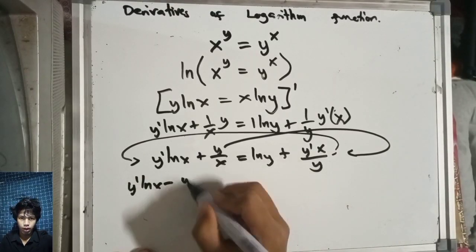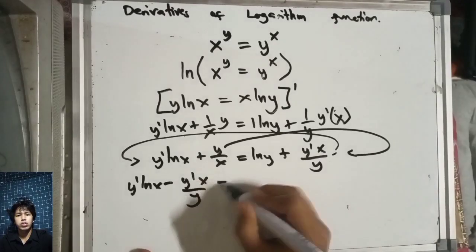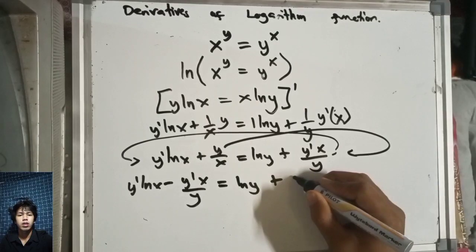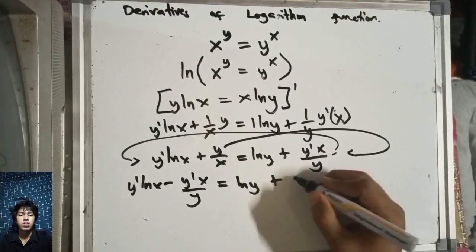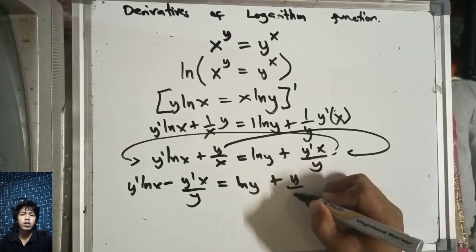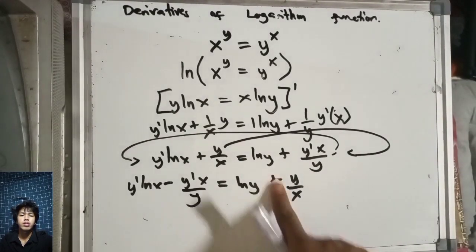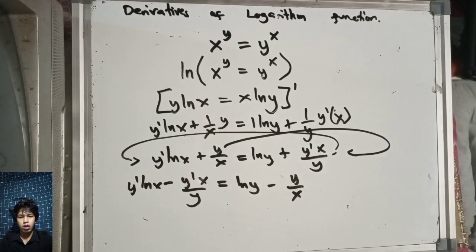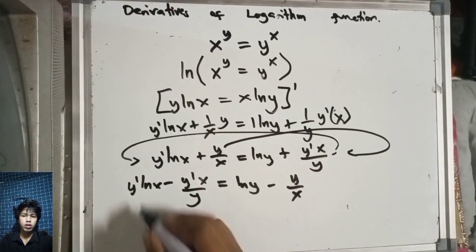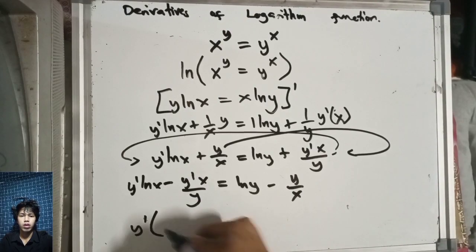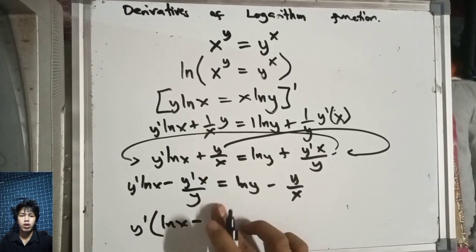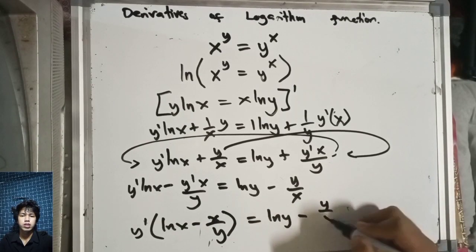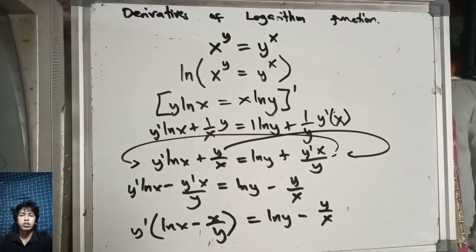So y prime ln x minus y prime x over y equals, and we do the same with y over x: ln of y minus y over x. And we're going to factor out the y prime, leaving ln x minus x over y equals ln of y minus y over x.